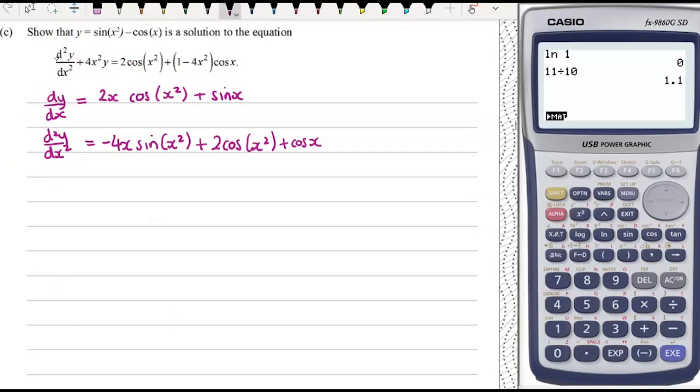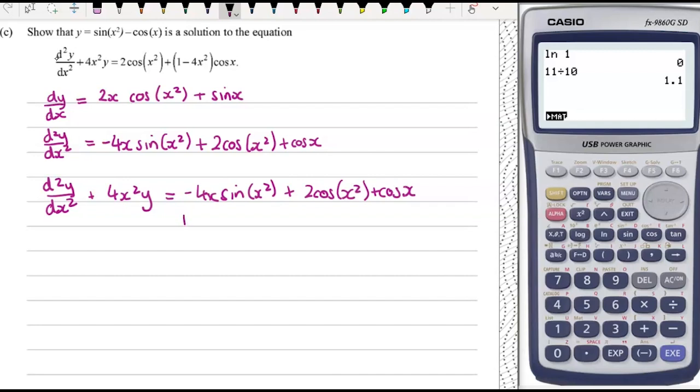So if we start with d2y over dx squared plus 4x squared y, so that's now going to be minus 4x sine of x squared plus 2 cos x squared plus cos x, plus 4x squared times y. Now y was sine of x squared minus cos x.